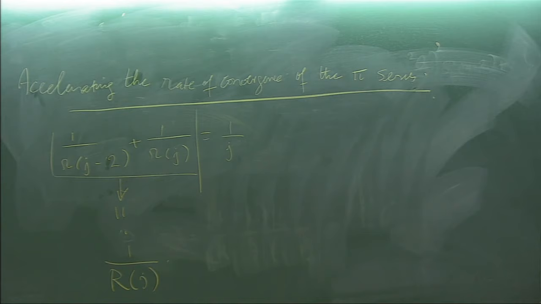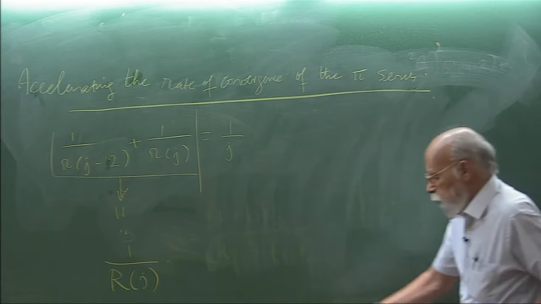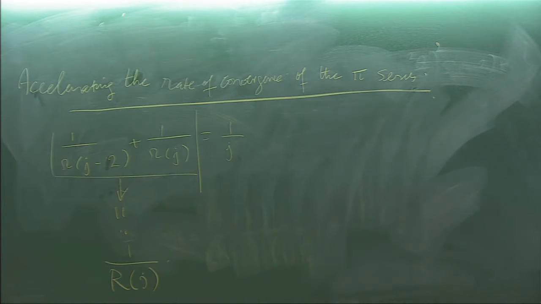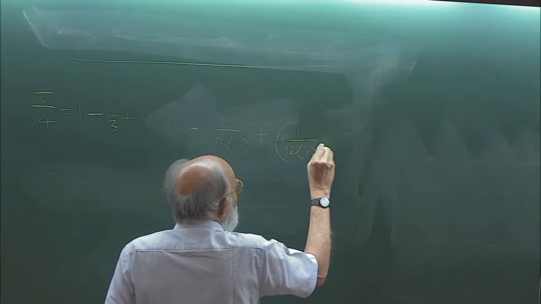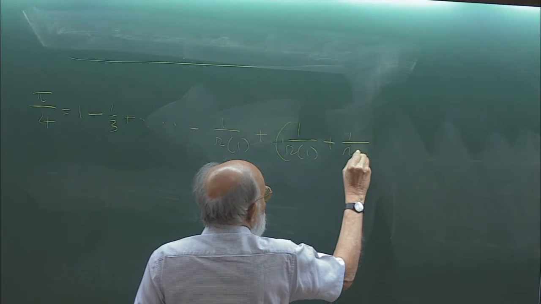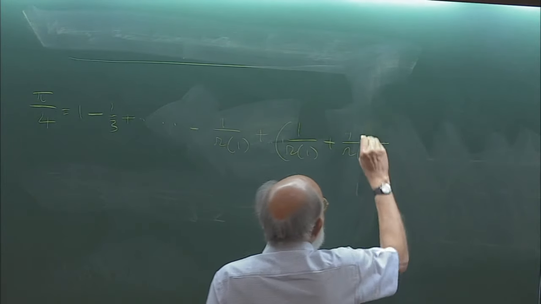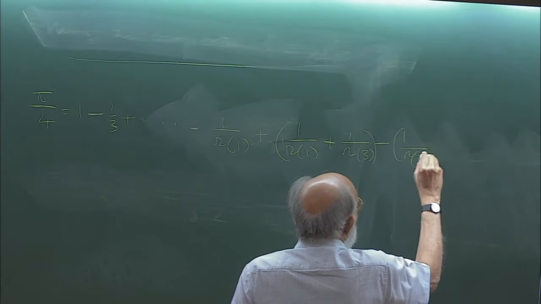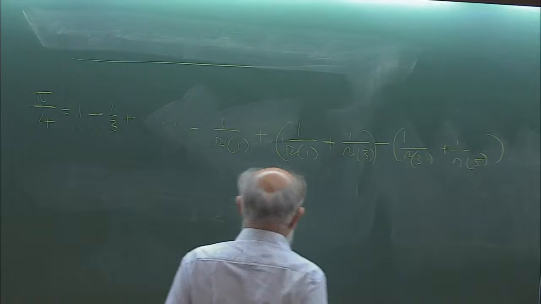Write the series as, etc., minus 1 over the remainder at 1 plus 1 over the remainder at 1, plus the remainder at 3, minus 1 over R3 plus R5, etc. Okay?